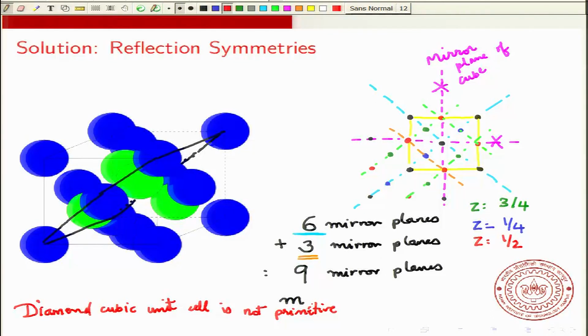It's not primitive in the sense that it contains 8 atoms.